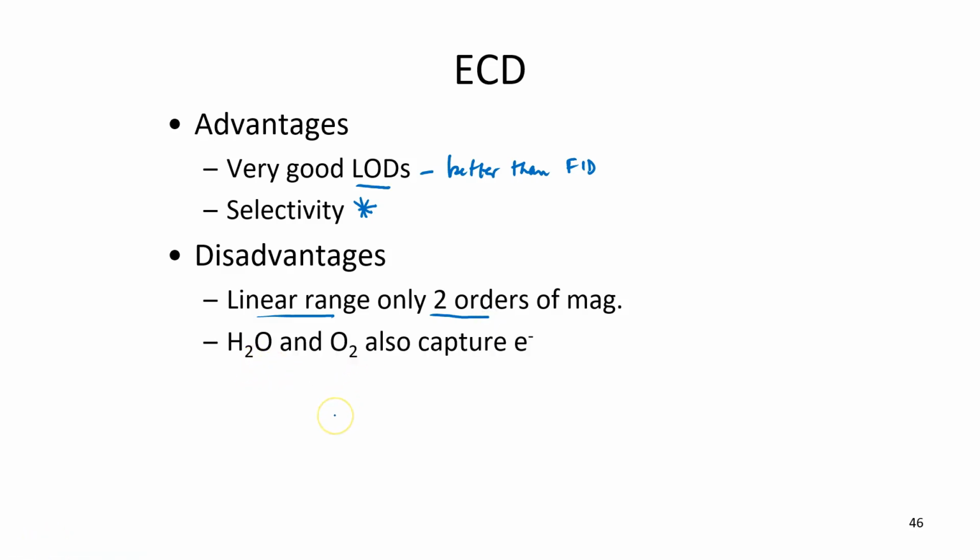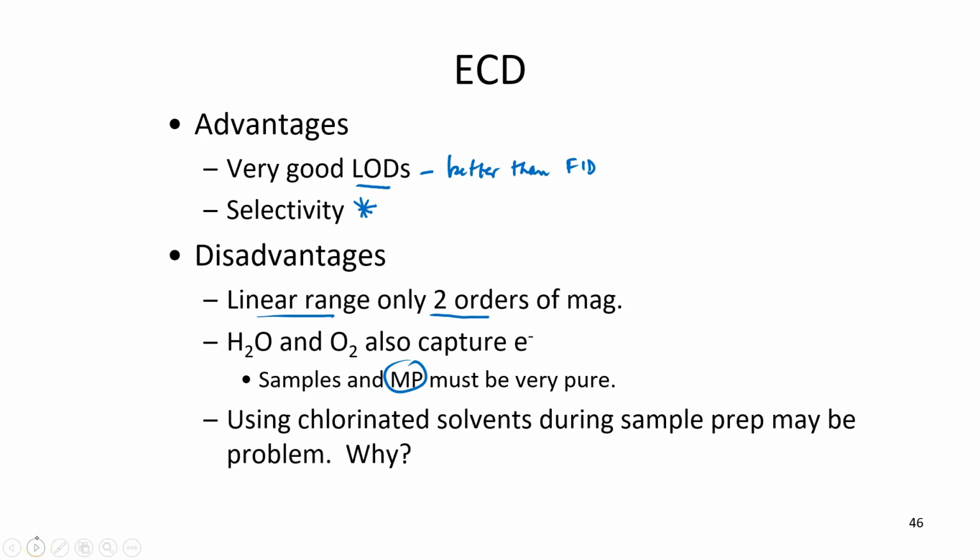Water and oxygen also capture electrons, meaning that your sample and carrier gas have to be very pure. And using chlorinated solvents, for example, dichloromethane, during sample prep, like say if you were doing an extraction, could be a problem.